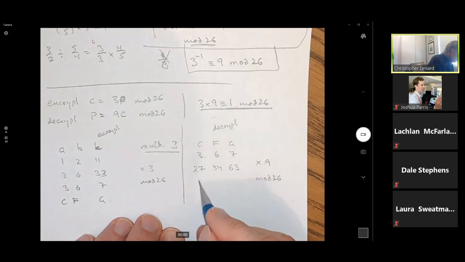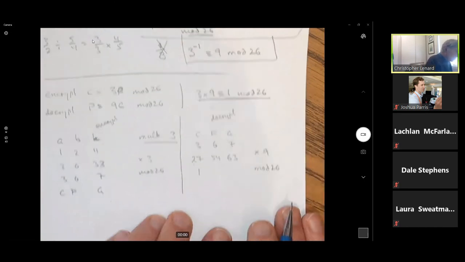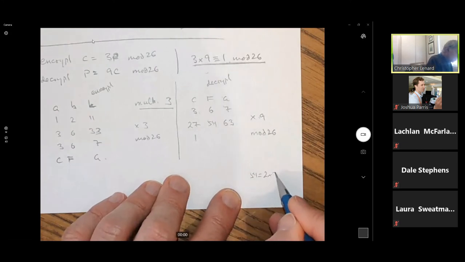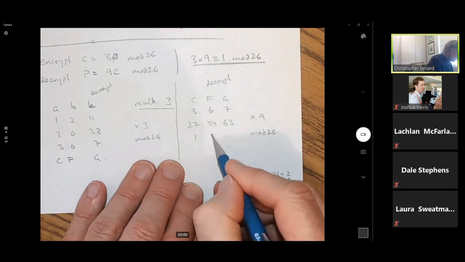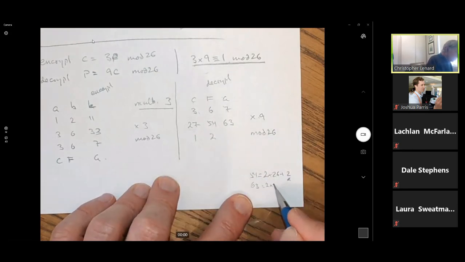27 minus 26 is 1. 54 is 2 times 26, which is 52, plus 2. So reducing 54, we get back to 2. 63 is 2 times 26, which is 52, plus 11.